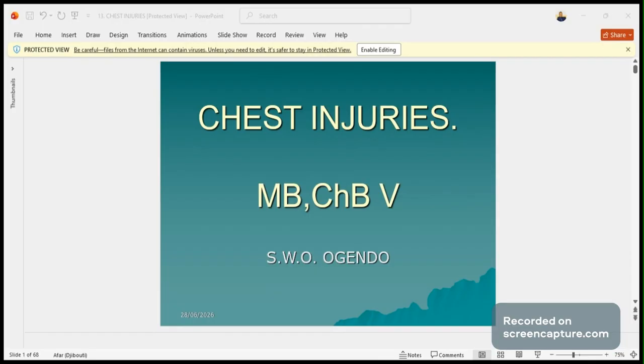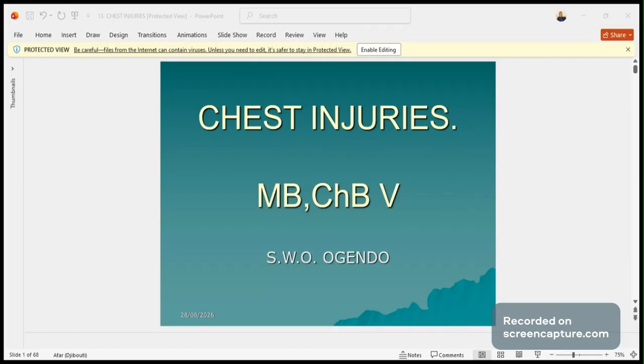So let's check on how we can classify the trauma. We have penetrating chest trauma, non-penetrating, inhalation injury, and aspiration of foreign bodies. Non-penetrating is what we call blunt injuries or crash injuries.